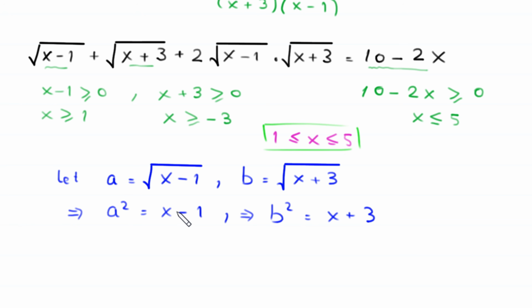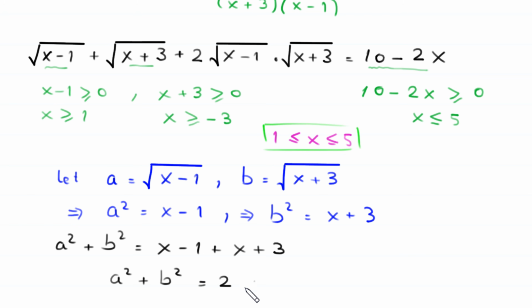If we add these two equations, we get a squared plus b squared equals x minus 1 plus x plus 3, which simplifies to a squared plus b squared equals 2 times x plus 2.